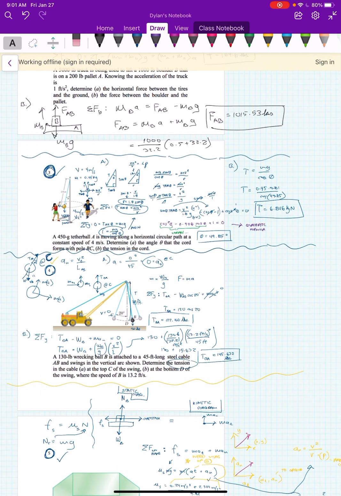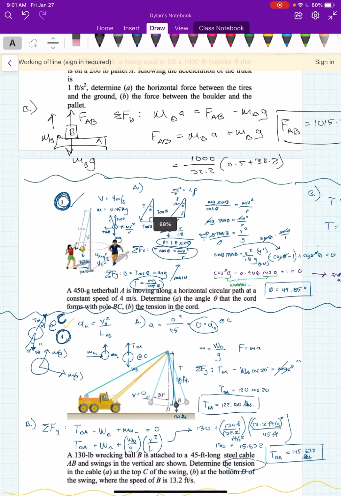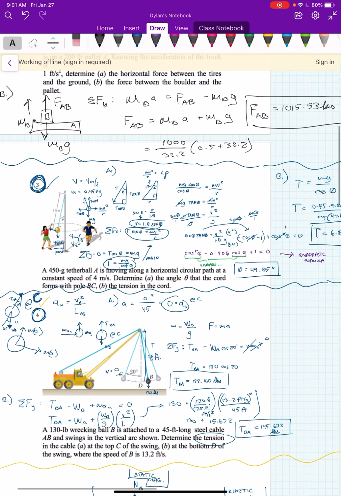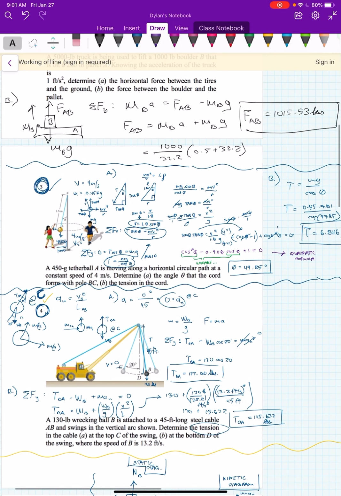Number 3, this one, let's see. We basically know that mv squared over r is going to be for circular motion.